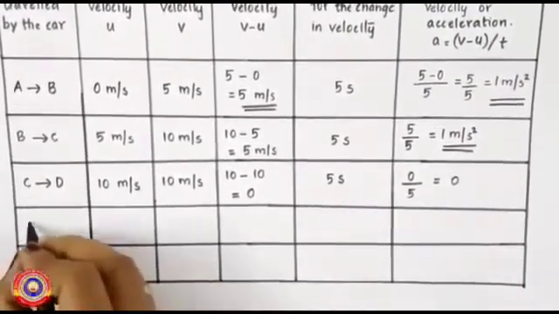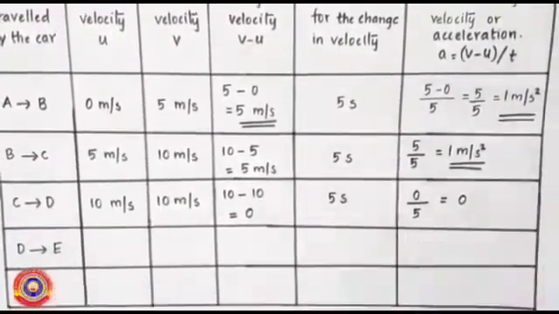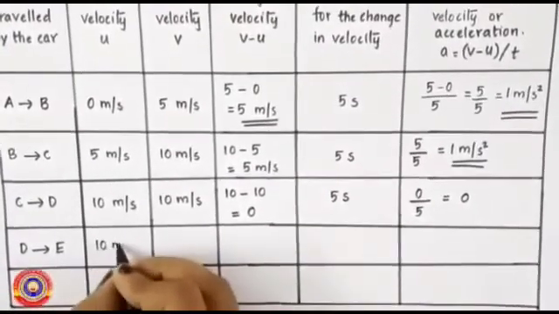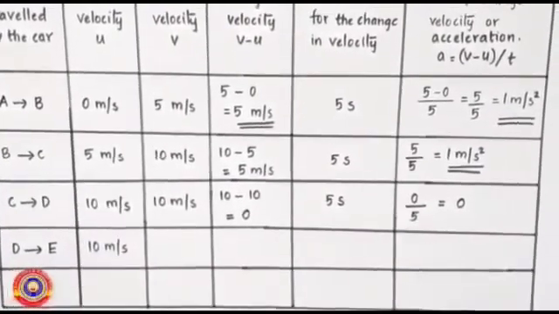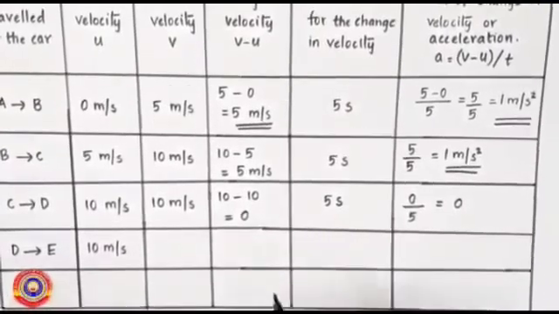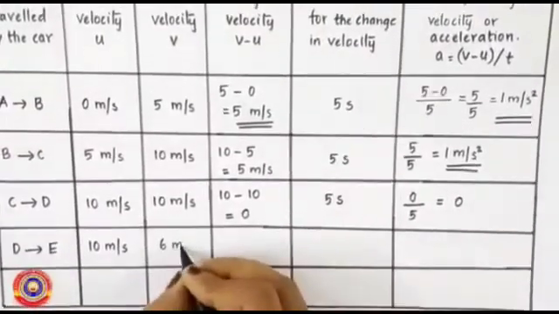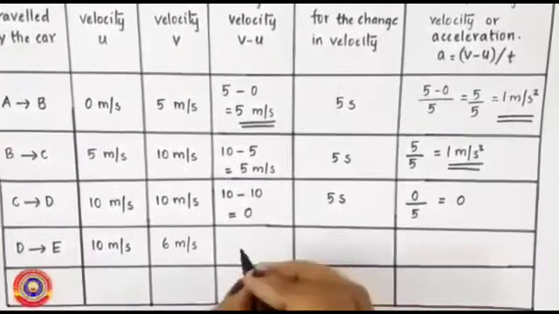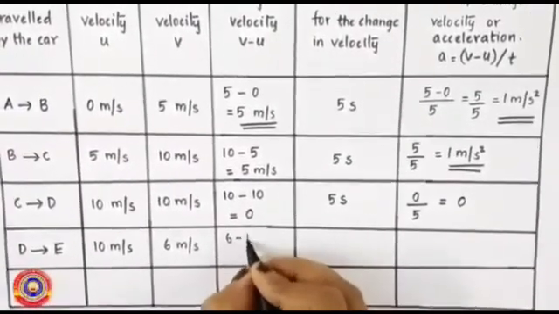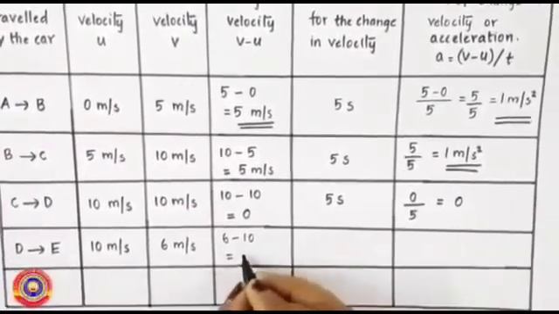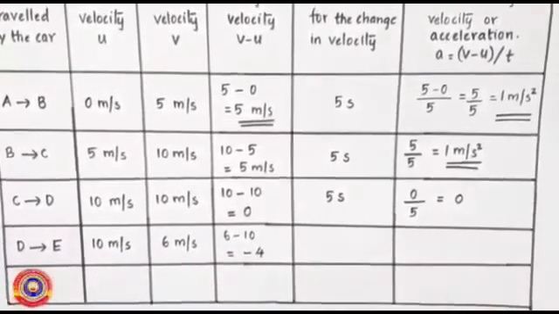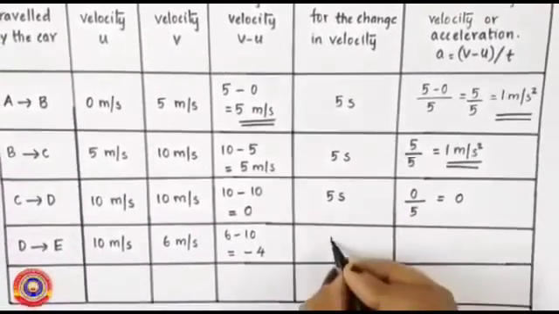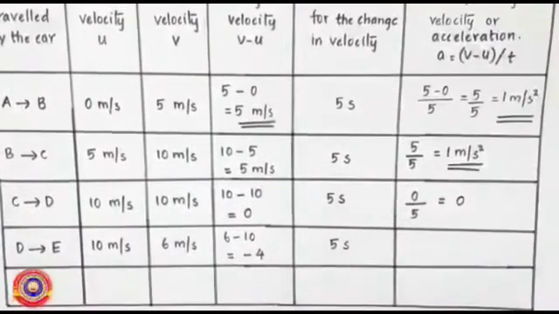Next is D to E. The initial velocity is 10 meters per second and the final velocity is 6 meters per second. The change in velocity is 6 minus 10, that is equal to negative 4. The time taken by the body to reach E from D is 5 seconds.